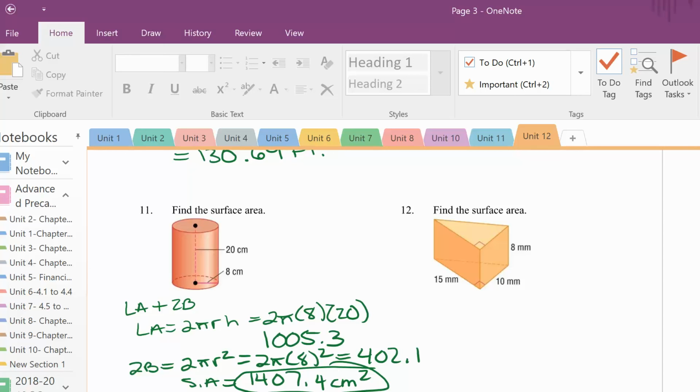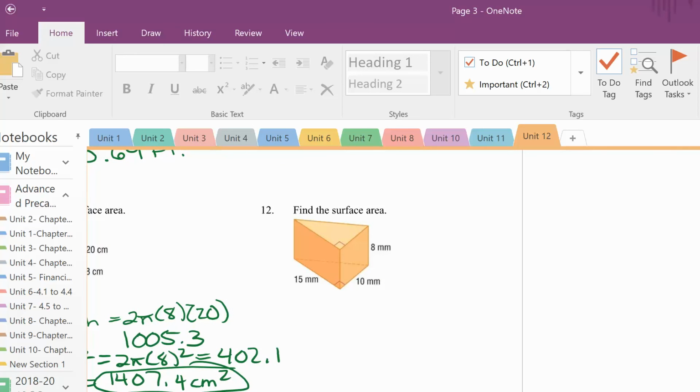And last but not least, find the surface area of this prism. You have to find the lateral area first, and it's a triangular prism with sides 10 and 15. The only thing we need is this side here to find the perimeter. So 10 squared plus 15 squared equals x squared. So 100 plus 225 equals x squared, 325 equals x squared.